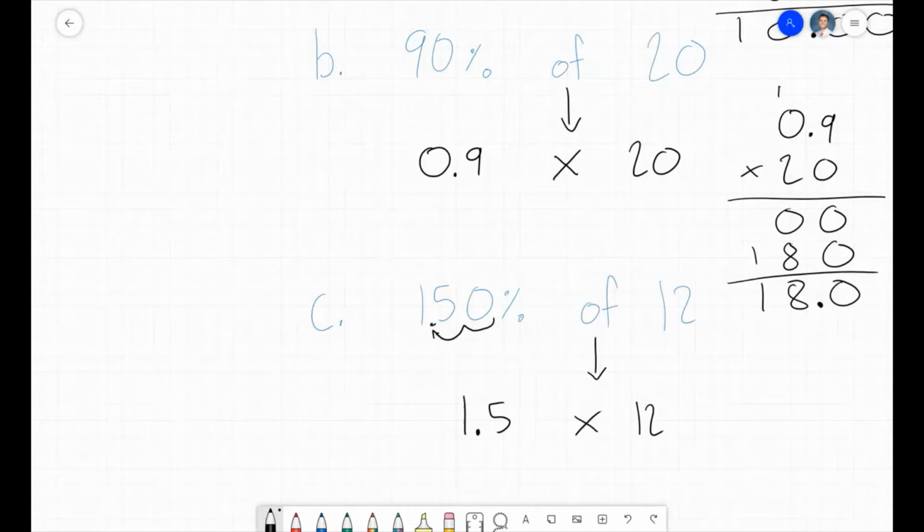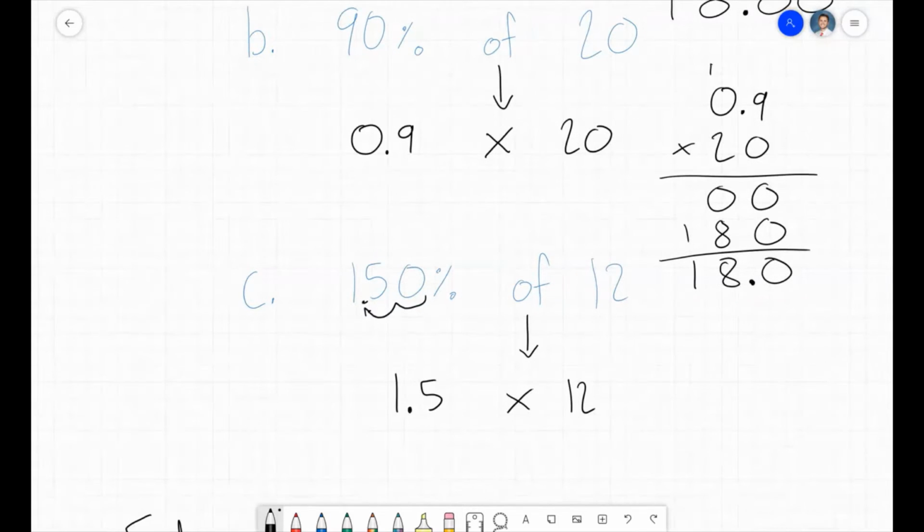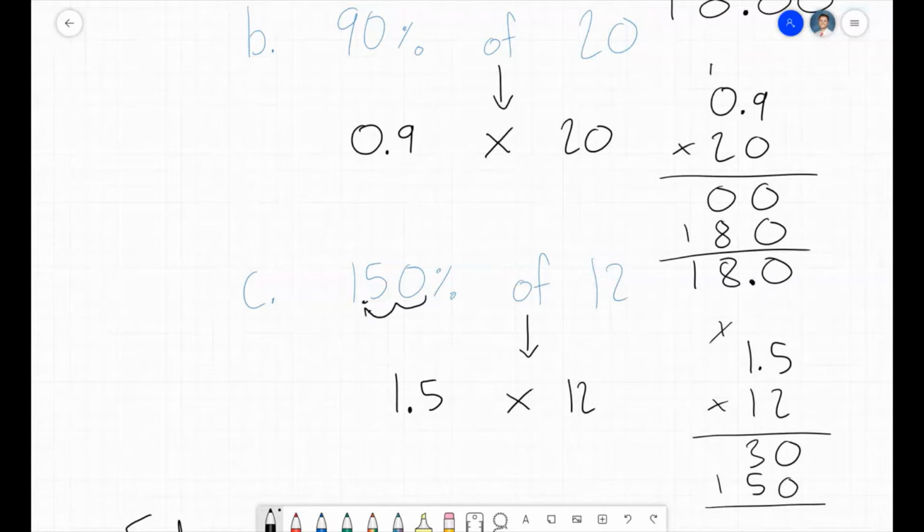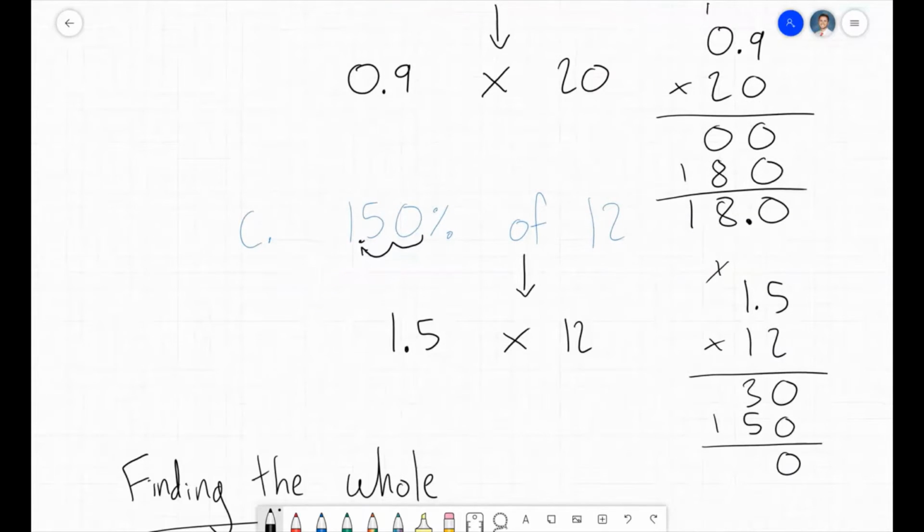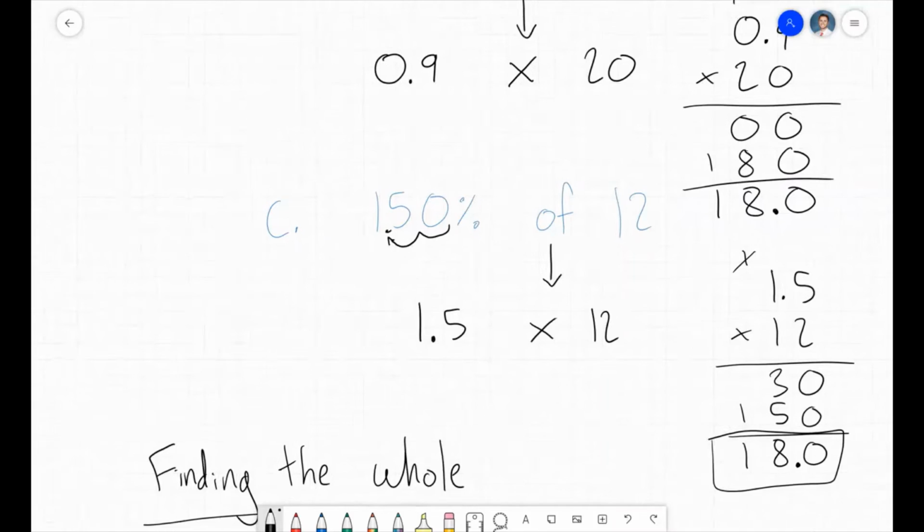And we're multiplying 1.5 times 12. 2 times 5 is 10. 2 times 1 is 2, plus 1 is 3. 1 times 5 is 5, and 1 times 1 is 1. And we would get 18. So 150% of 12 equals 18.